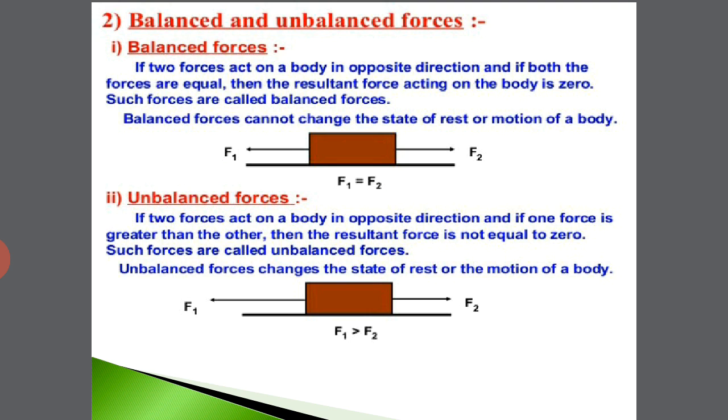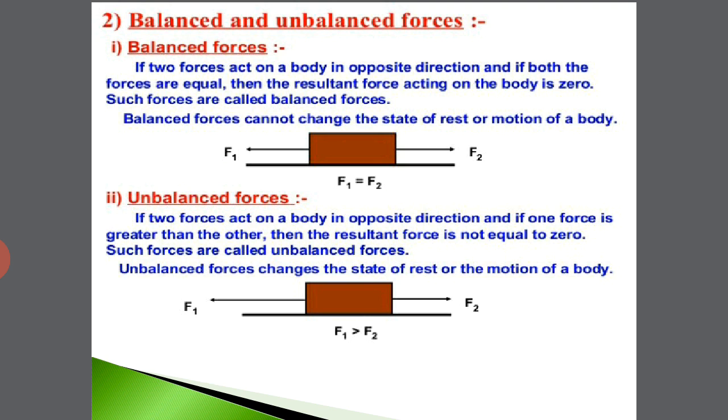Unbalanced force. If two forces act on a body in opposite directions and if one force is greater than the other one, then the resultant force will not be equal to zero. Such forces are called unbalanced forces. Unbalanced force results in the change of the state of rest or of motion of a body.